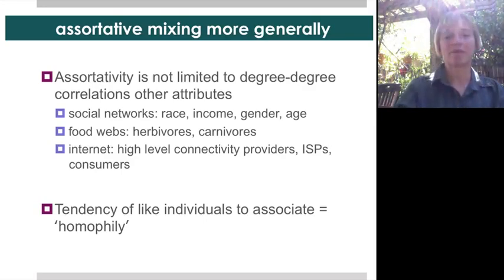We already discussed the internet in terms of the degree, but maybe the property that they're really connecting on is the type of node that they are, whether they're high-level connectivity providers, internet service providers, or consumers. And in general, when you're talking about social networks, you talk about homophily. The term birds of a feather flock together is saying exactly this, that individuals in some scenarios will tend to associate on observable characteristics, for example, age and gender.